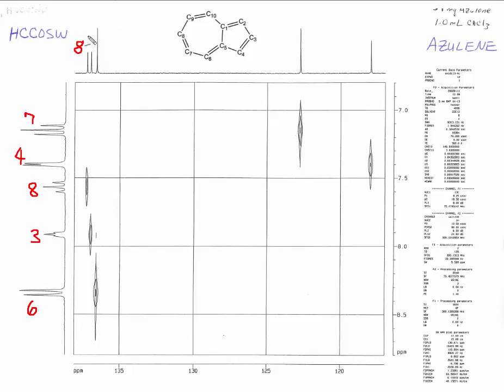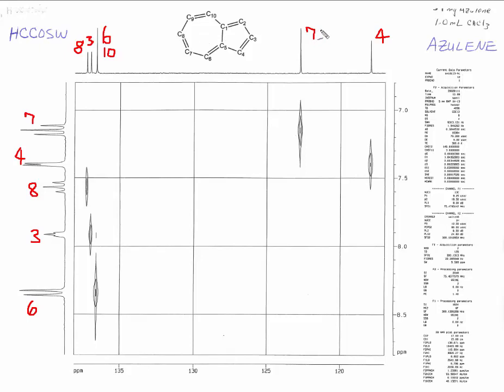and the next one would be C3. The next one in line is C6. Come over here. This one is C7. And this one is C4. And of course, again, if there's pairs, I mean to indicate the pair as well. So this 6 would also be the 10 as well.